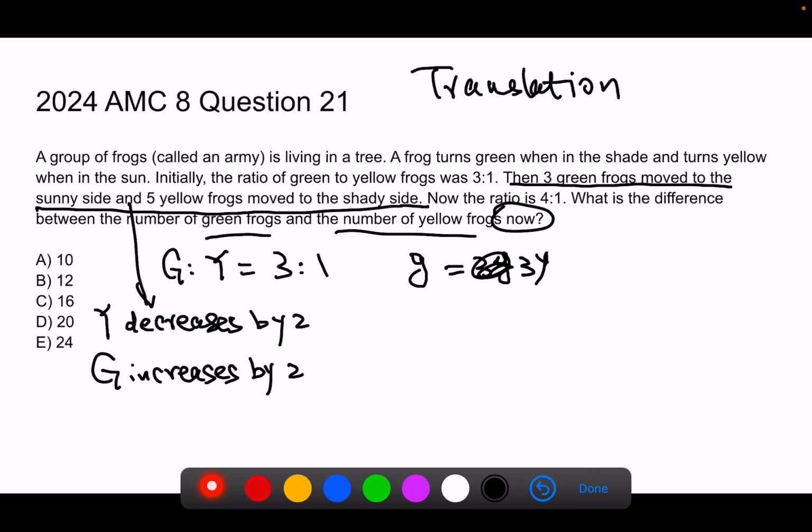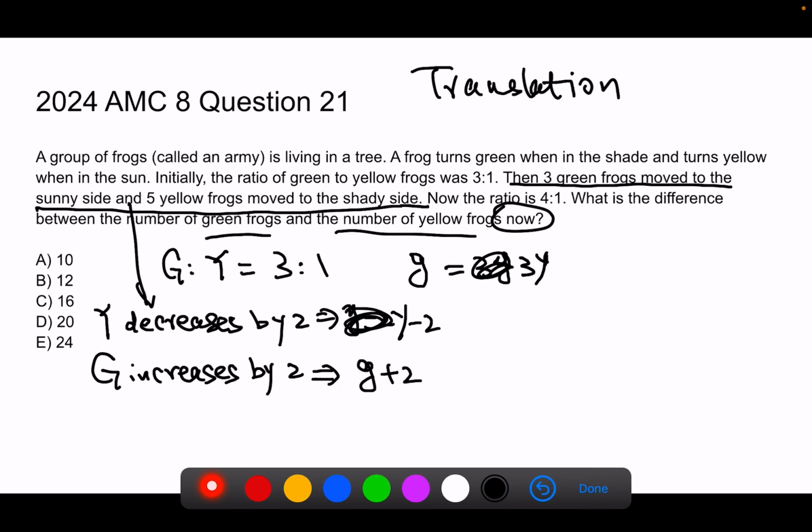So you're getting Y minus 2 as the new number of yellow. Again, I should write Y in a way that would not be misinterpreted as a G. So Y becomes Y minus 2, and G increases by 2, so G becomes G plus 2.